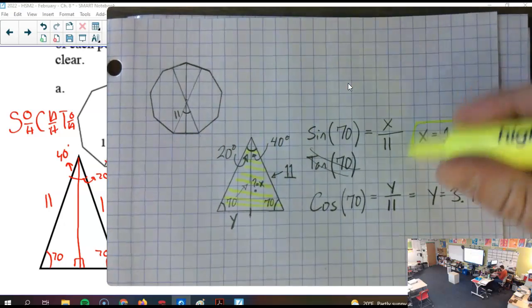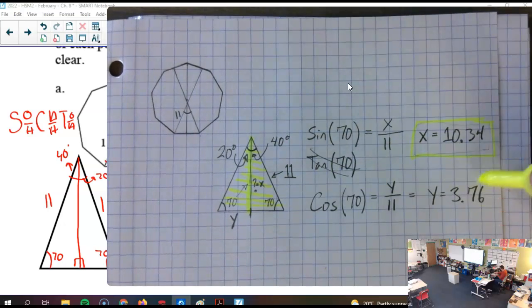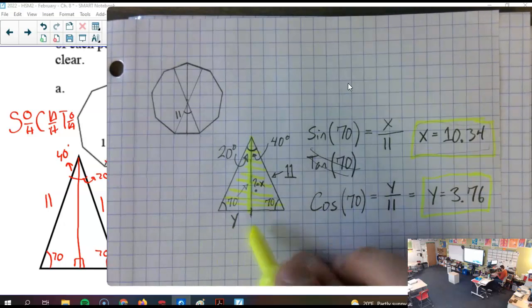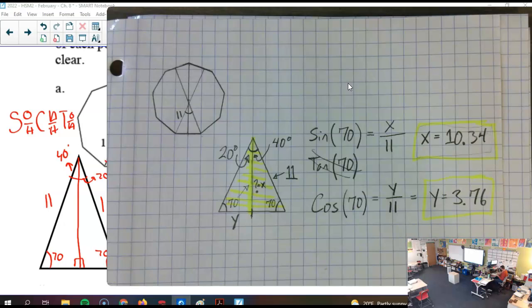So all we need is this x, which is our height for the triangle, and this y, which is half of our base. Go ahead and multiply those together. That's 38.888, or probably 38.9. 38.89.